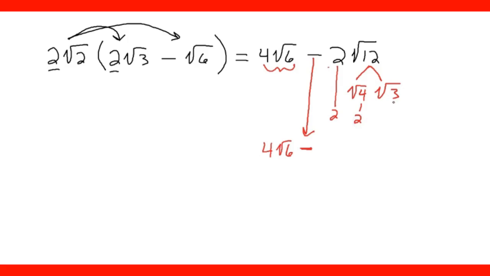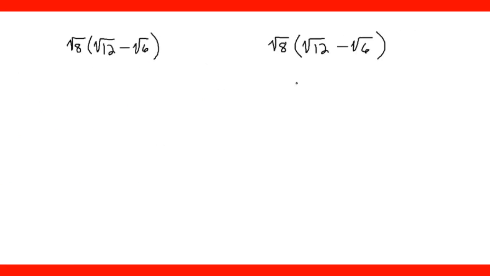Radical 4 I know is 2. Radical 3 is as simple as it can get, and I get 2 times 2 is 4 radical 3. So my answer is actually 4 radical 6 minus 4 radical 3. I cannot combine them because they're not like radicals. That's my final answer. So make sure that when you look at your final answer, if there's something that needs to be simplified, you simplify it.